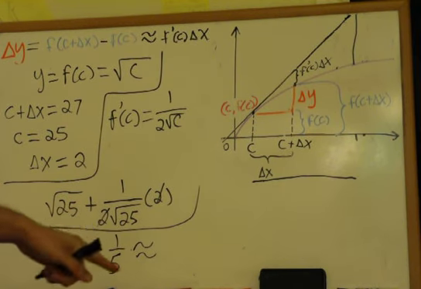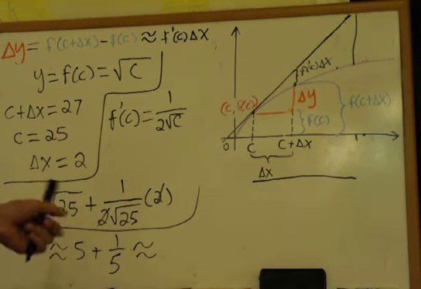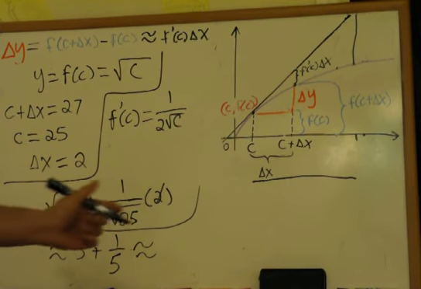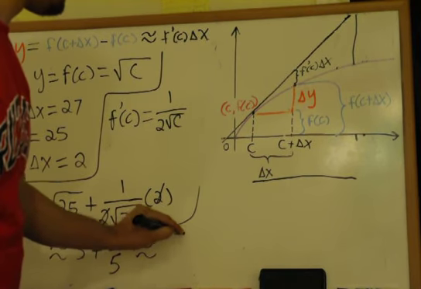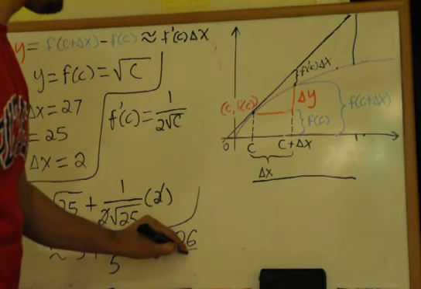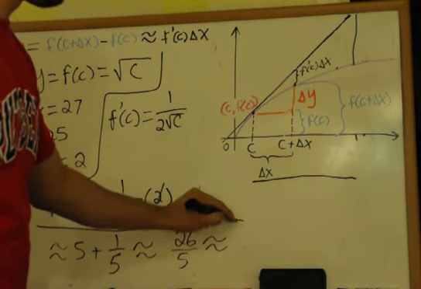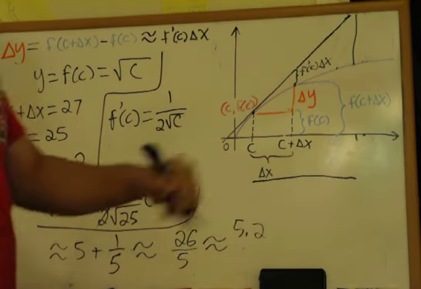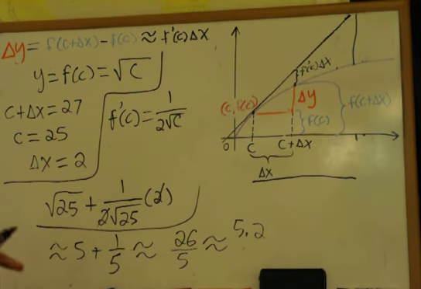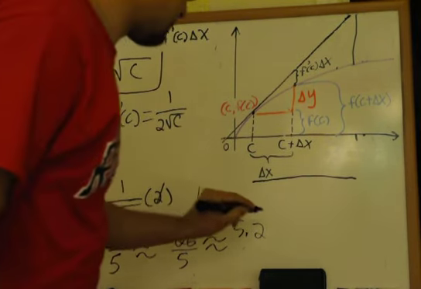So now 5 plus 1/5 is 26 divided by 5. And that is approximately equal to 5.2.